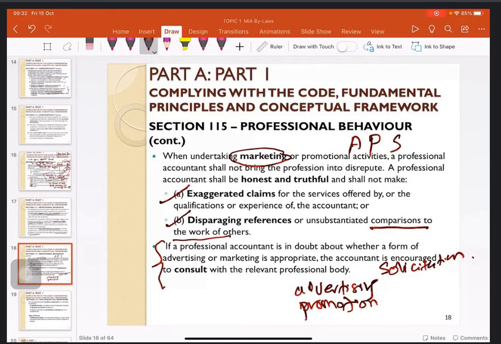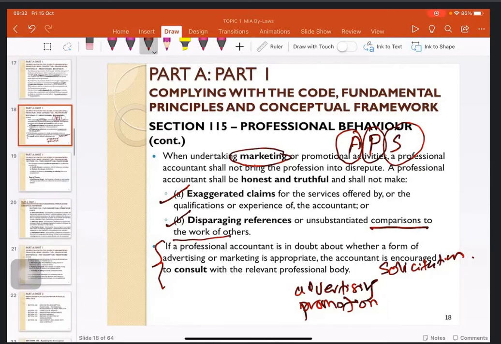Okay. APS ni biasa dengar ke kelas? Advertising, promotion and solicitation. Advertising you tahu lah is advertising kan? Promotion pun dia lebih kurang advertising. Solicitation, do you know what is solicitation class? Tahu tak? Tak. Dia macam you want to sell something tetapi one to one.